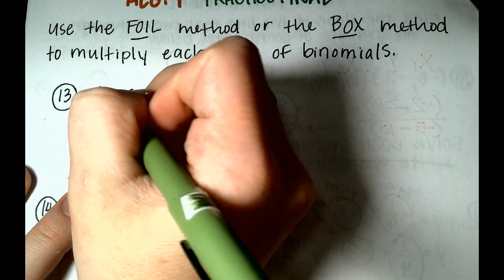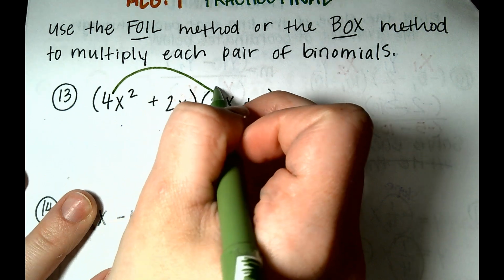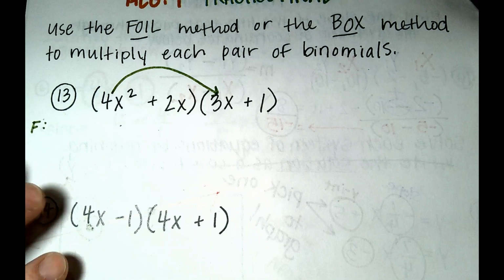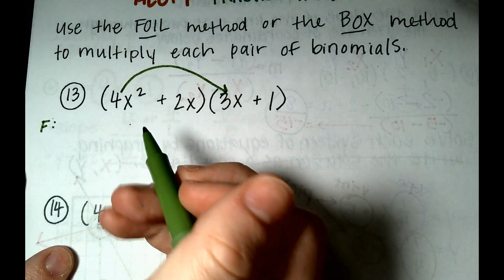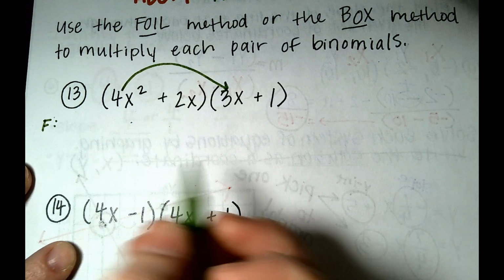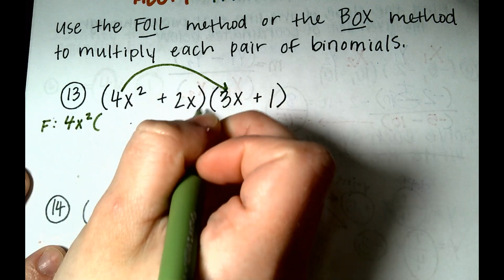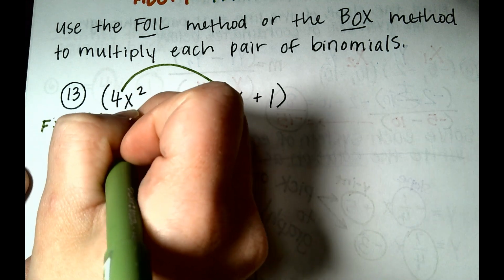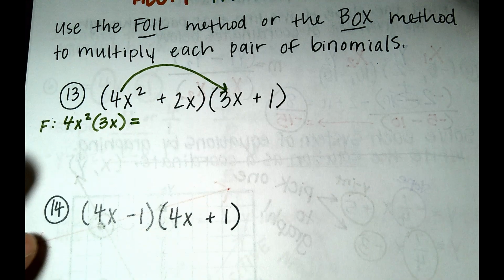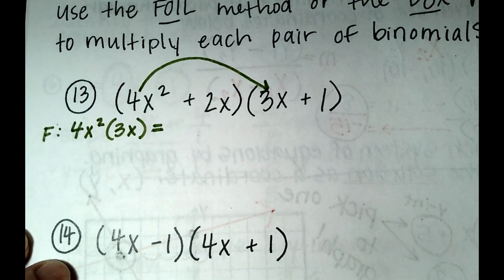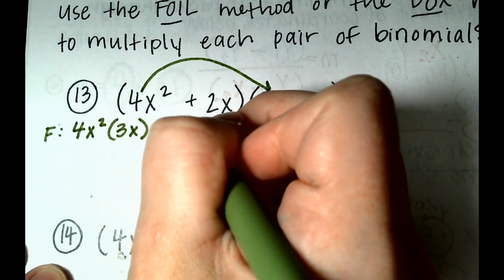Good. I'm going to take 4x squared times 3x. And I'm going to take my time writing these out just so that we have a good reference to look back at. So my first step is 4x squared times 3x. And what will that give us? Good. 12x to the third power.